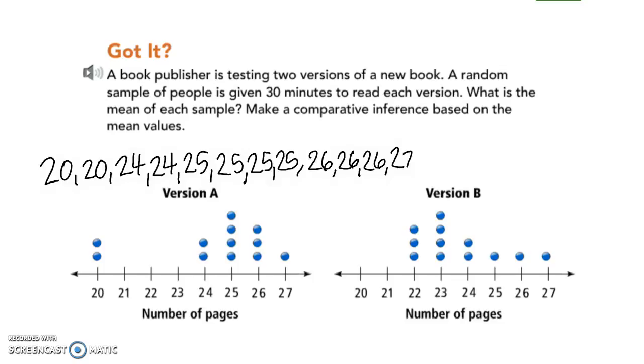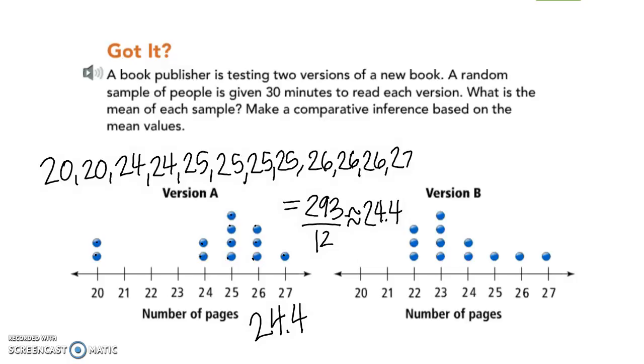Adding. And so the sum that I got was 293. Now what do I divide by? I have 1, 2, 3, 4, 5, 6, 7, 8, 9, 10, 11, 12. Divided by 12. And that gives me about 24.4. I'm rounding here. About 24.4.